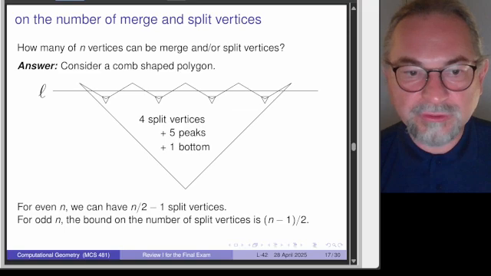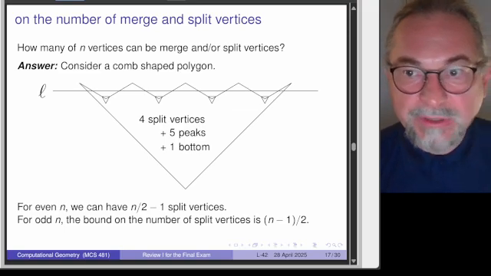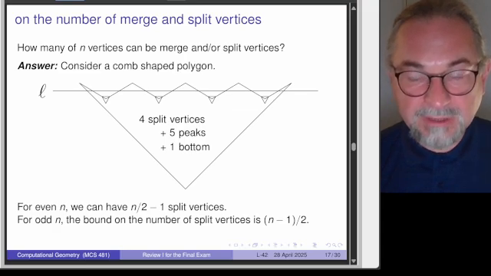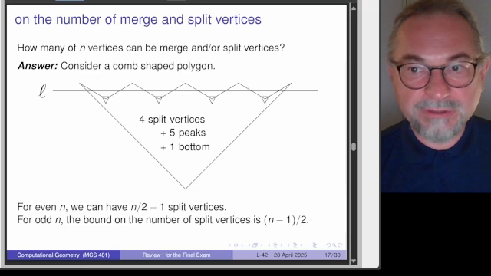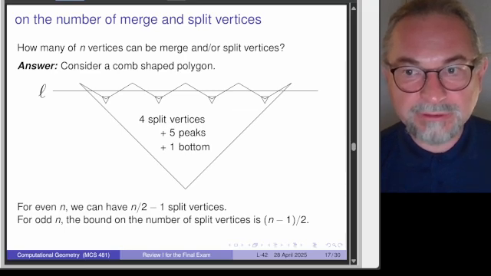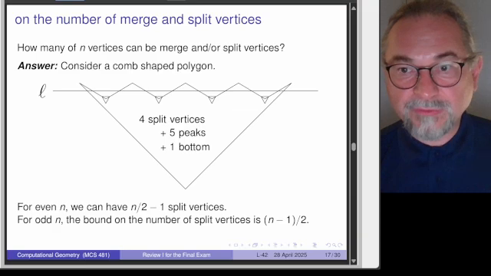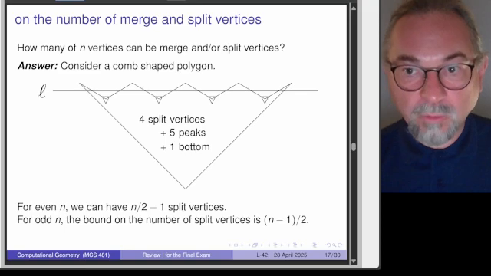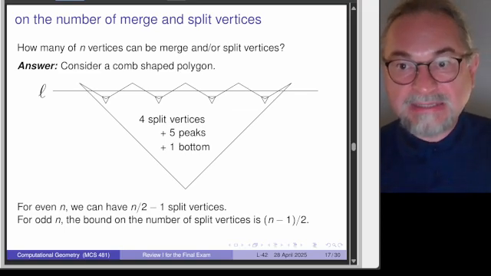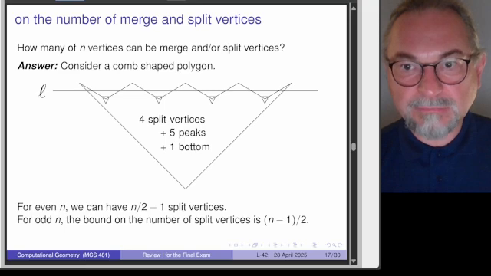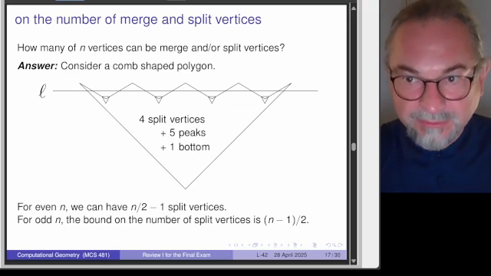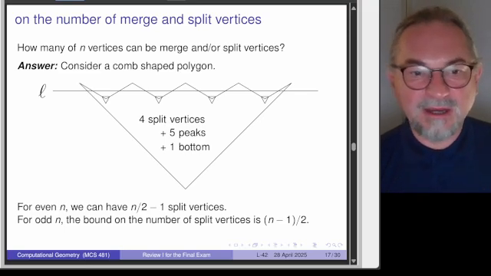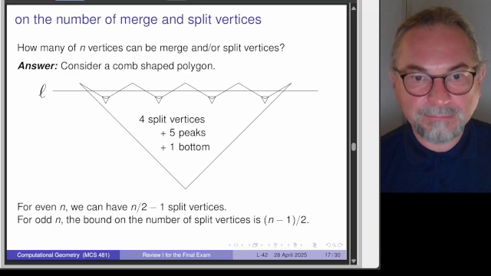Here I focused on the split vertices. So the answer is that you can have about half as many split vertices as the total number of vertices. This also says something about when you partition a polygon that is not Y monotone, how many pieces you can get. That's the motivation why you might be interested in the answer to this question.